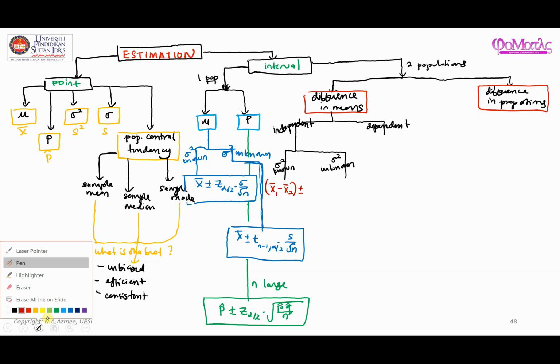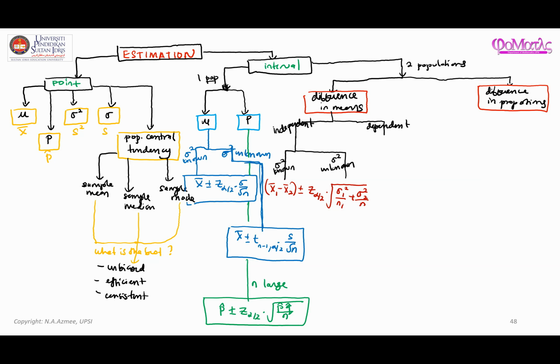So it will be z alpha over 2, and this one is going to be the population variance plus another population variance from the second group. So that is when the population variance is known.